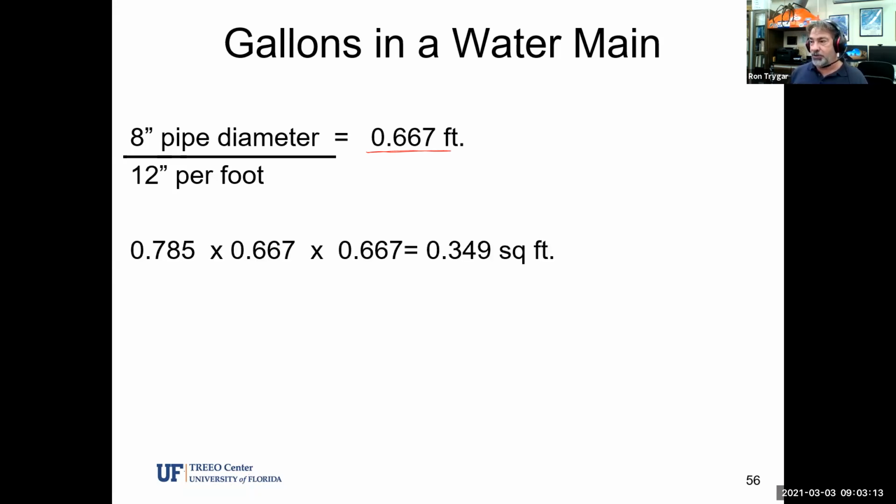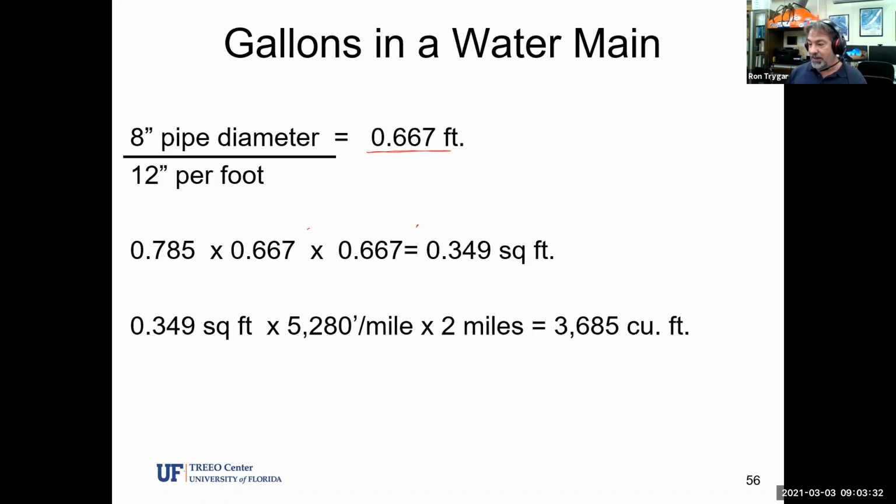So now to do the volume of the pipe, we need 0.785 times 6.667 feet times 0.667 feet. That gives me square footage, right? That's the surface area of the pipe. And then we're going to multiply that by the length. Now, what's the length that we're dealing with? The length is 2 miles.